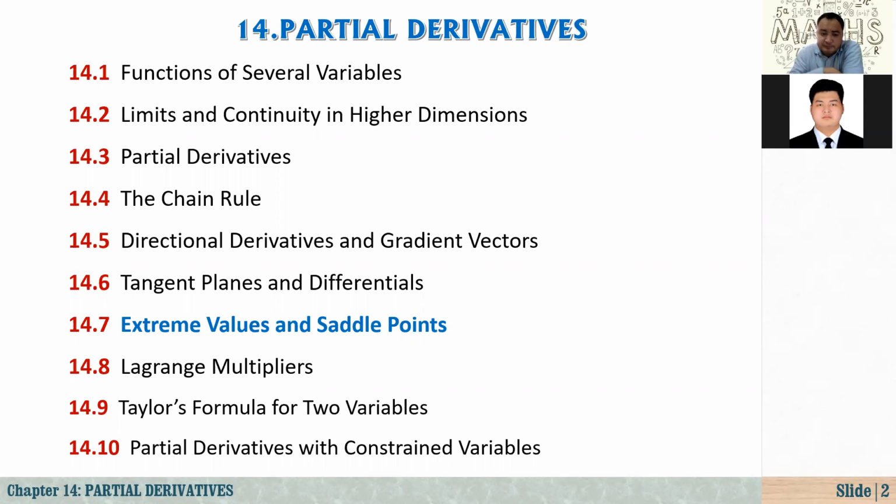It is f x at point (a, b), times x minus x sub 0, plus f y times y minus y sub 0, minus z minus the given point's z, that's equal to 0. Anyway, you also have to be able to write the normal line to the plane at the given point. That's what we did in 14.6, and also linearization, because we sometimes linearize a function if it is so complicated to evaluate.